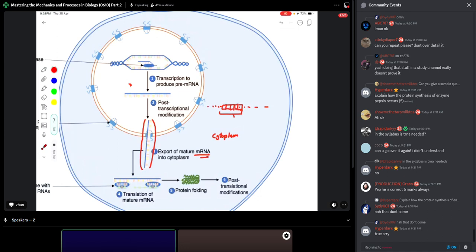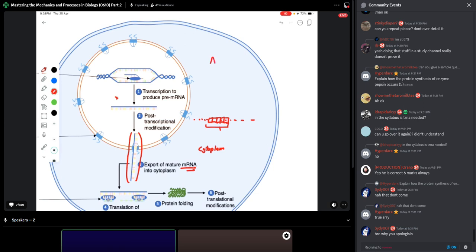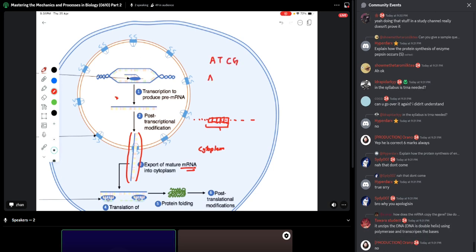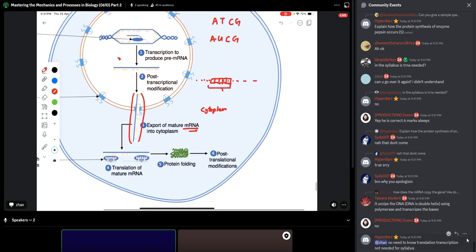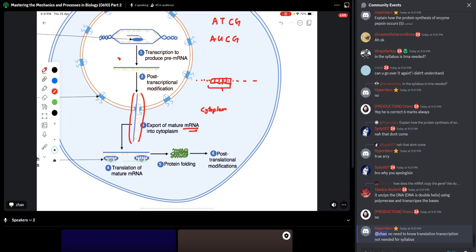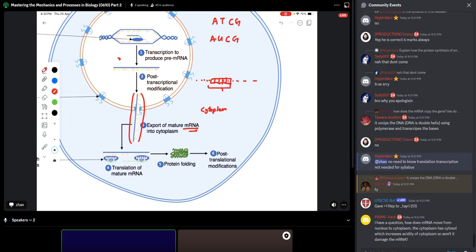Transcription is basically like, you know ATCG, right? For mRNA, we use AUCG. So they transcribe it for the mRNA to carry. The mRNA will then copy the gene and move out from the nucleus to the cytoplasm.